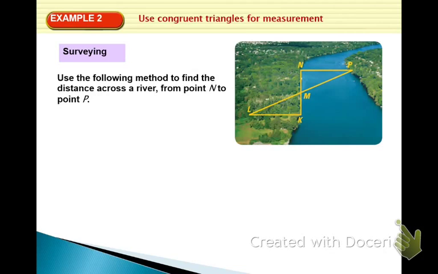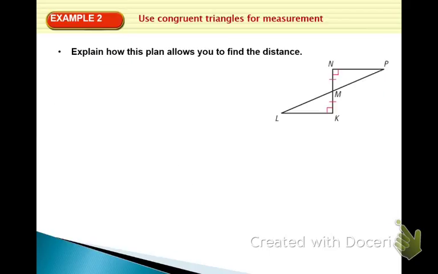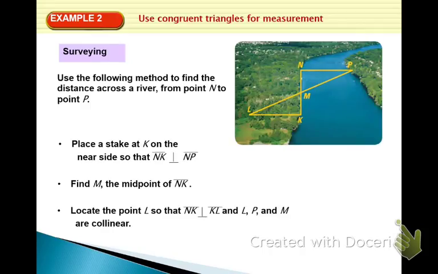Okay, because of time, I'm going to skip this example. So let's look at, we can sort of summarize it since there's so much on it. We're finding the distance across a river from N to P. We couldn't measure that because we couldn't go across the river.